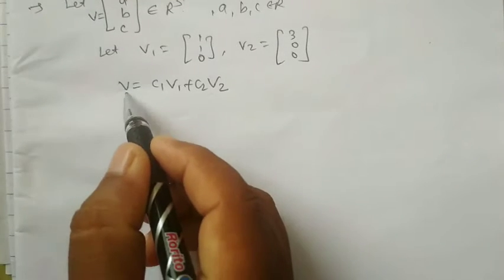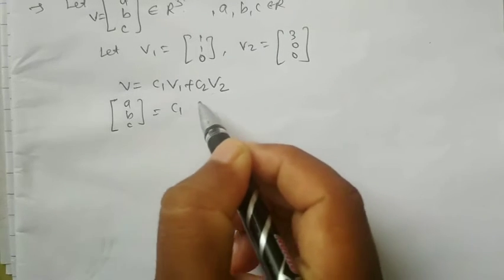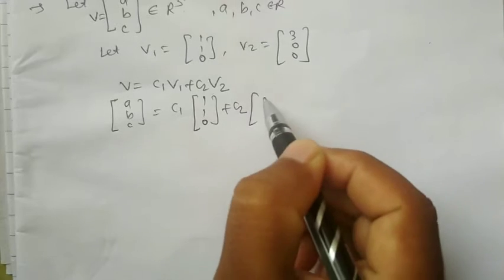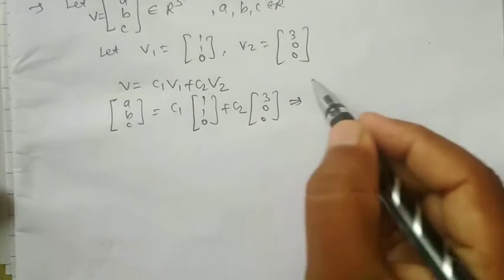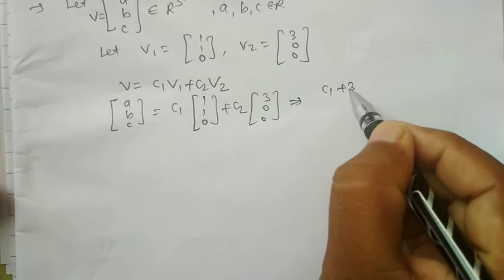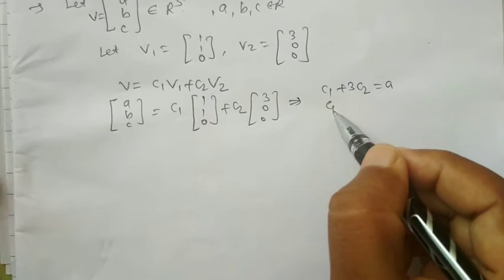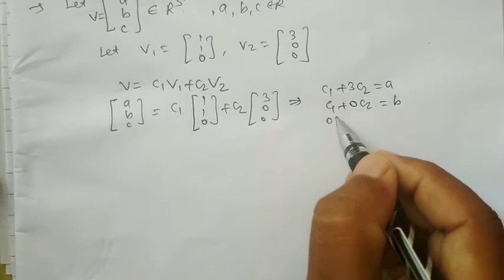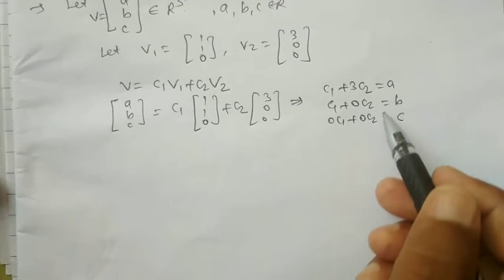So put the value of V. A, B, C equals C1 into V1, which is 1 1 0, plus C2 into V2, which is 3 0 0. From this we can write C1 plus 3C2 equals A, then C1 plus 0 C2 equals B, and 0 C1 plus 0 C2 equals C. So this is a non-homogeneous system.